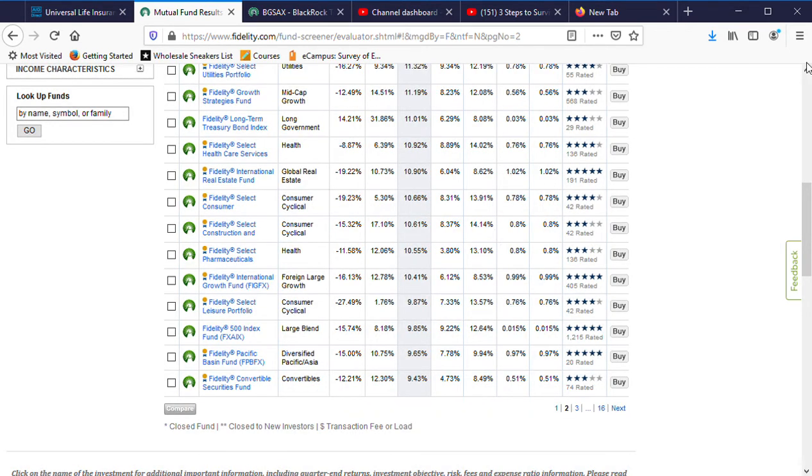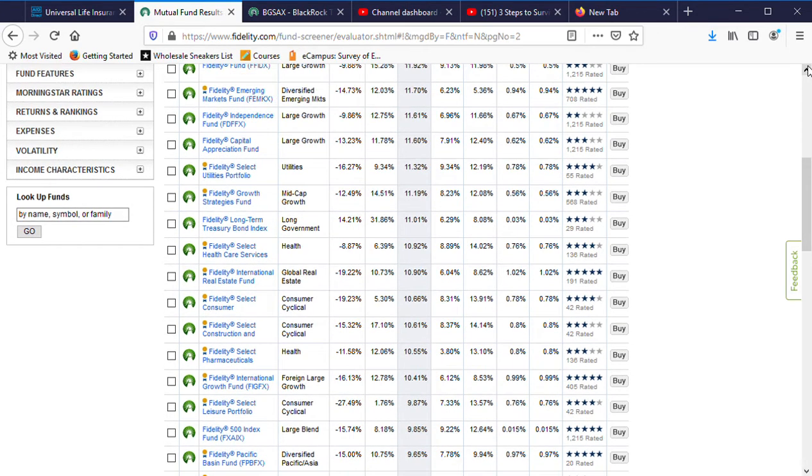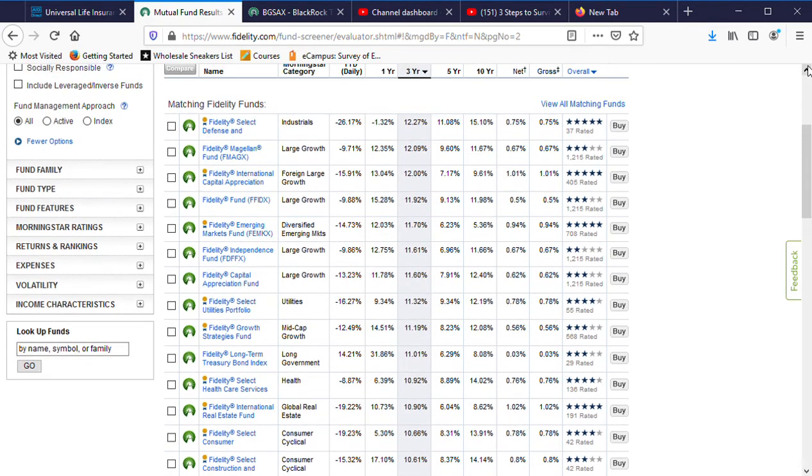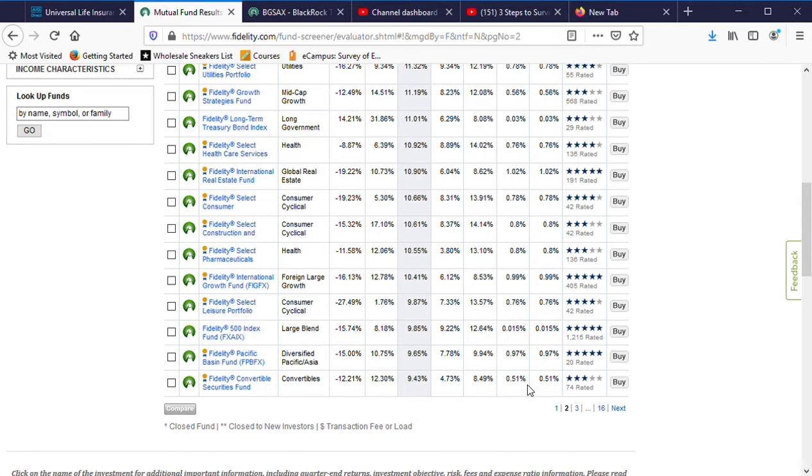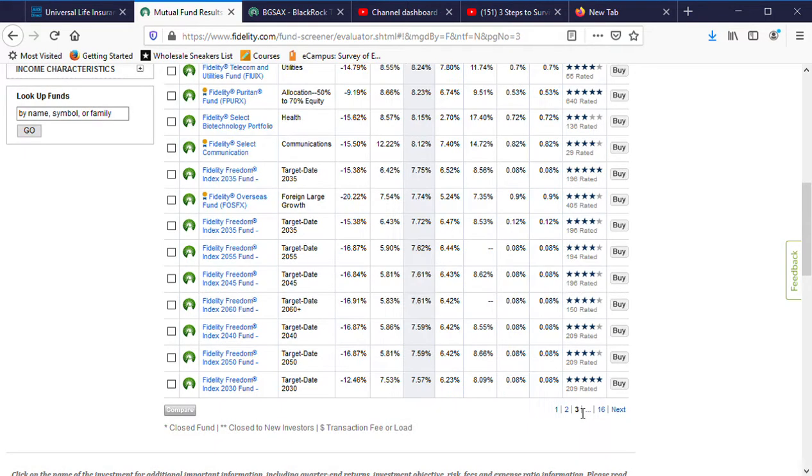I'm just looking at all of these to see what I can find. And I like to go all the way to like the 5th page, so I can see if there's anything that's performing more than what I saw on the first page. And if there is, I would like to take a look at it. So this one is a health one, of course.